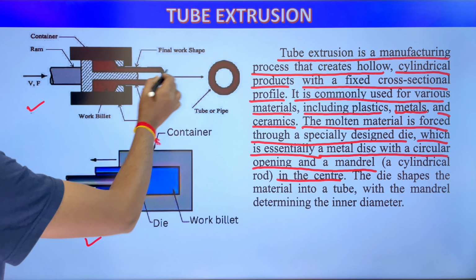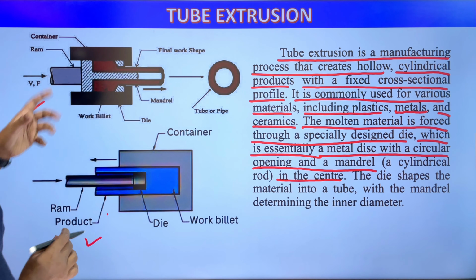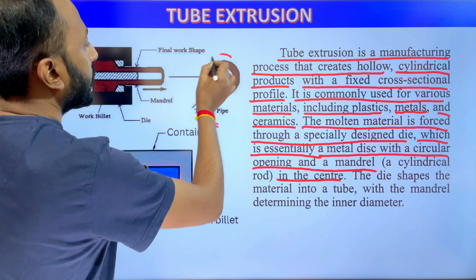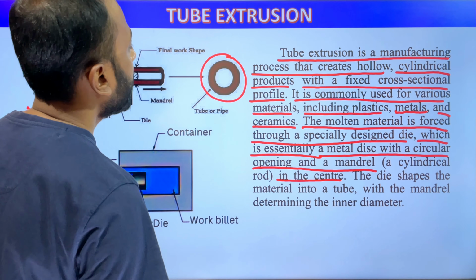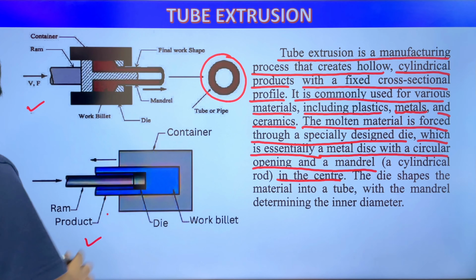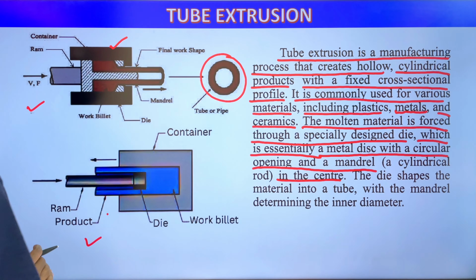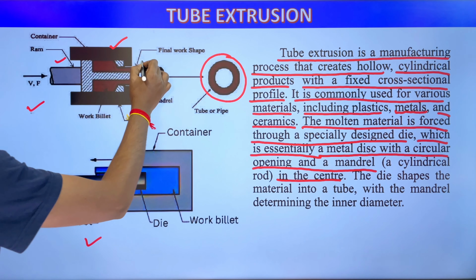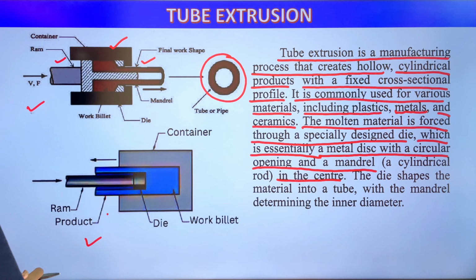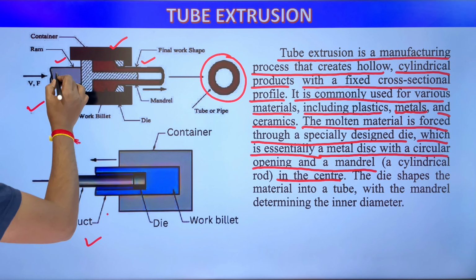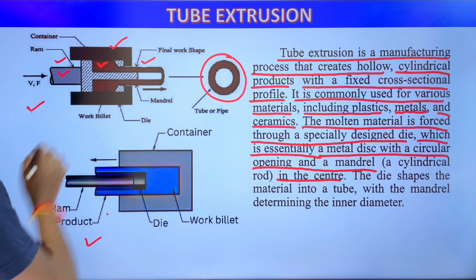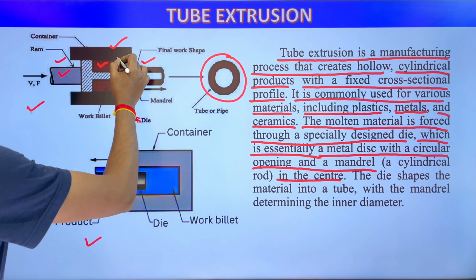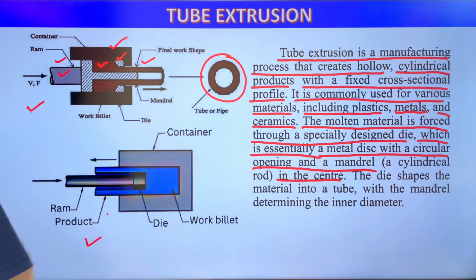So in this forward extrusion process, we are creating hollow type product or like pipe type product. So this is cylinder which is closed vessel but opened on both sides. Like in forward extrusion process, this is ram, this is metal billet, likely heated metal billet, and this is die, and die has fixed opening which shape we want to create.